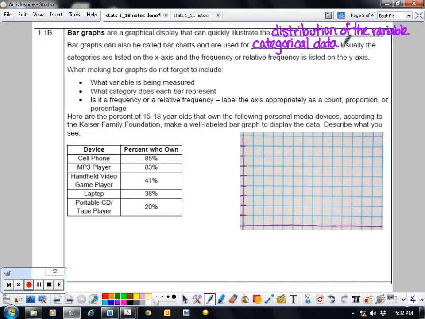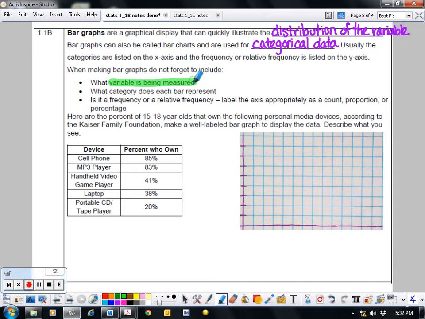So when you're making bar graphs, it's really important that you're labeling your diagrams with the variable that's being measured. Everything needs to be labeled, because you may be able to tell, oh, well, this is for this and this is for that. But anyone else who looks at it is all like, that's group I? What's I stand for? Without all that extra information, they don't really get it.